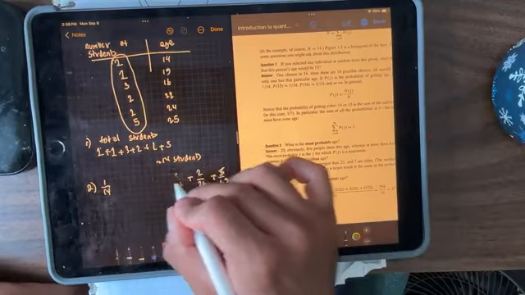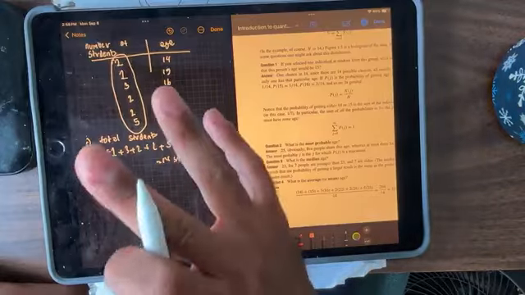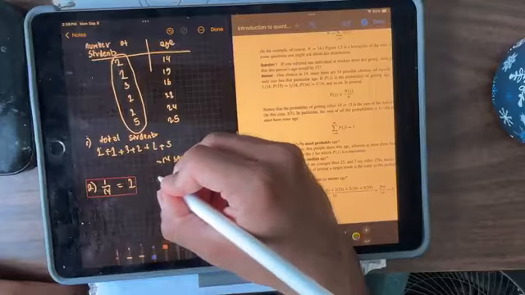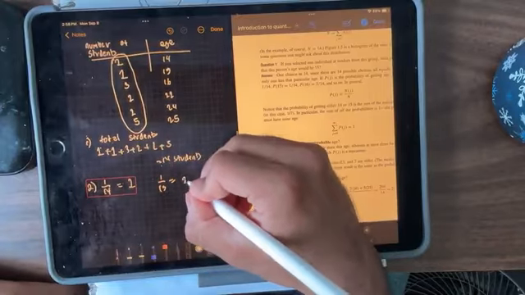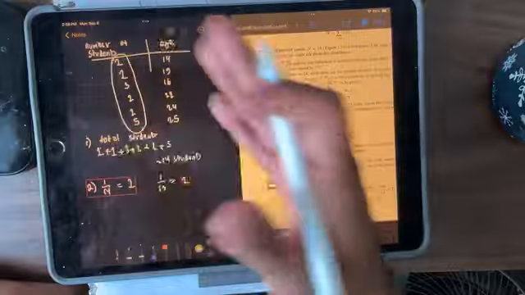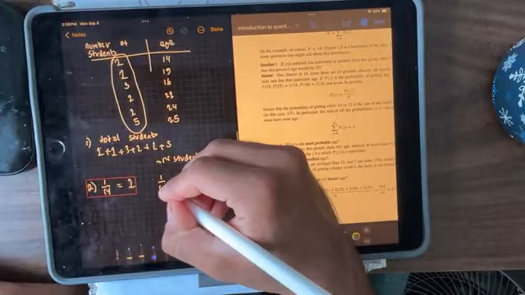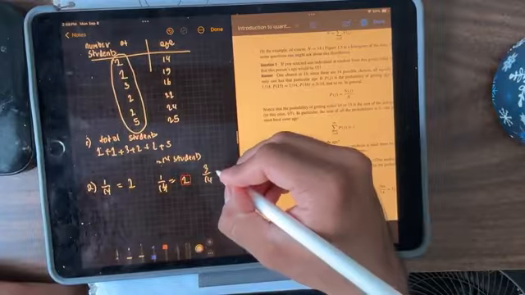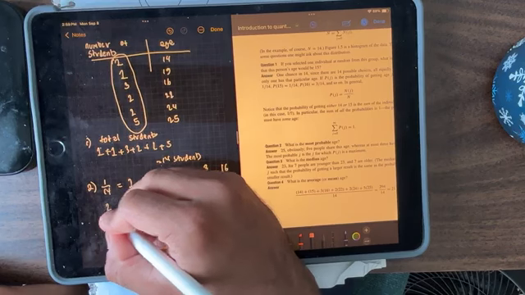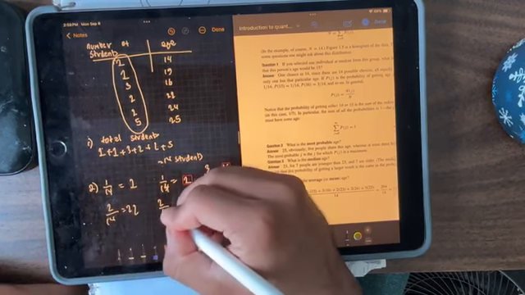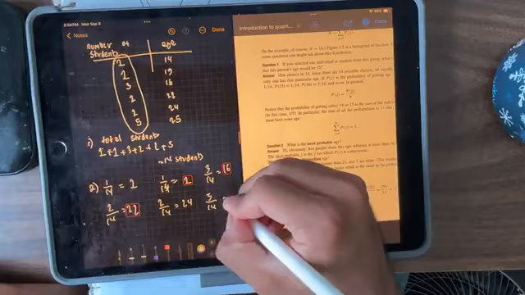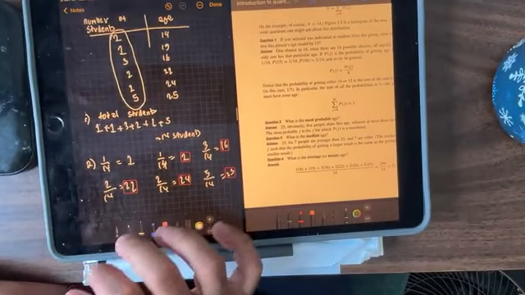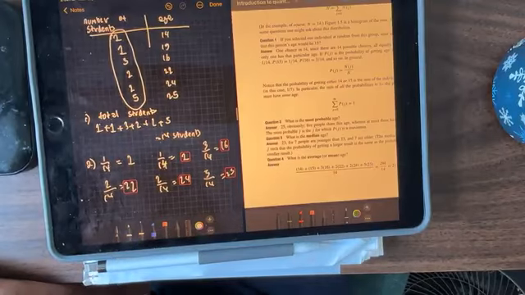It's not addition, it's just the individual probability for each value. So 1 by 14 is for age 14, 1 by 14 for age 15, 3 by 14 for age 16, 2 by 14 for age 22, 2 by 14 for age 24, and 5 by 14 for age 25. When you add them, everything will be 14 by 14, which is equivalent to 1.